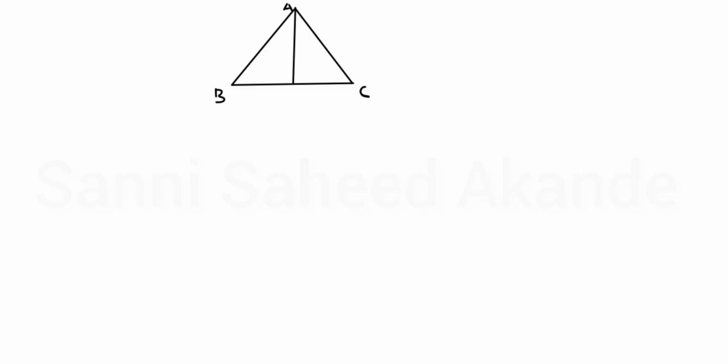Okay, so the angles of equilateral triangle are 60 degrees each. 60 degrees. Then this one also is 60 degrees. Then this angle is also 60 degree. But because we have divided it into two equal parts, we will now be having 30 degrees, 30 degrees, because 30 plus 30 is 60 degrees.